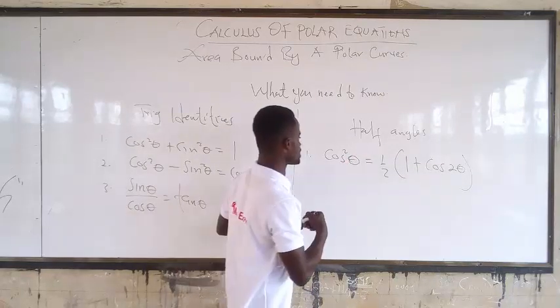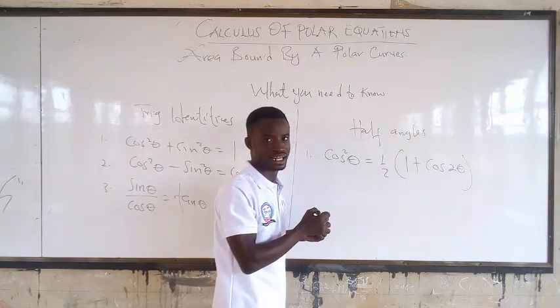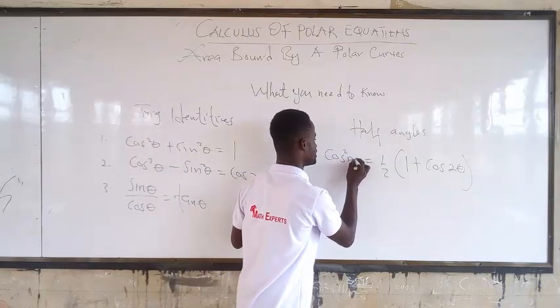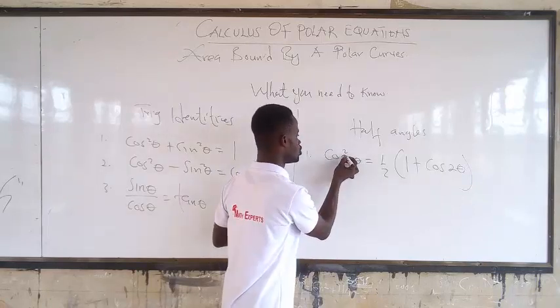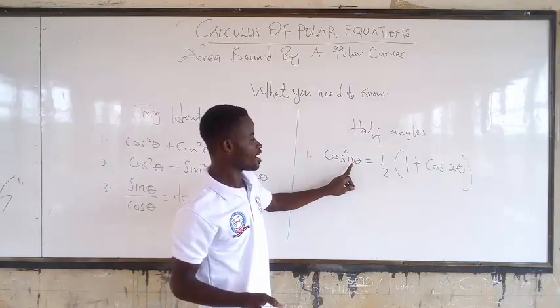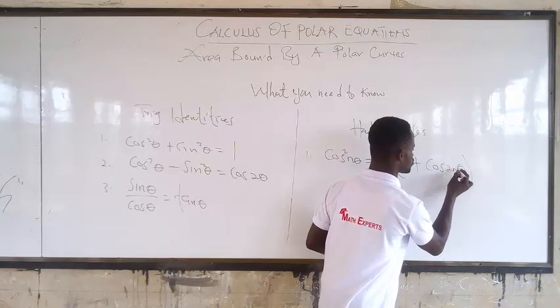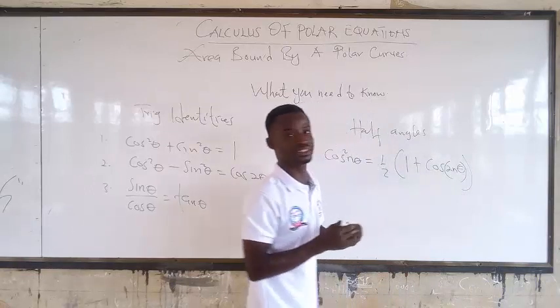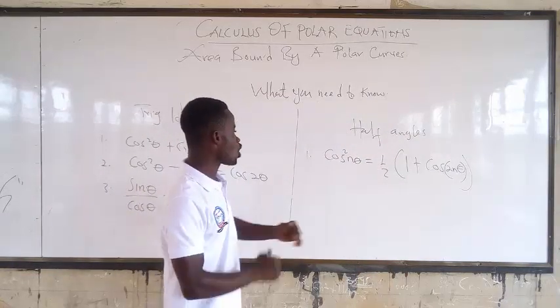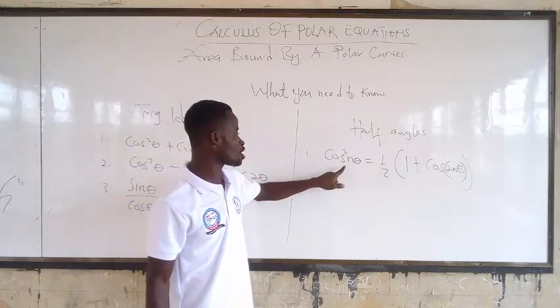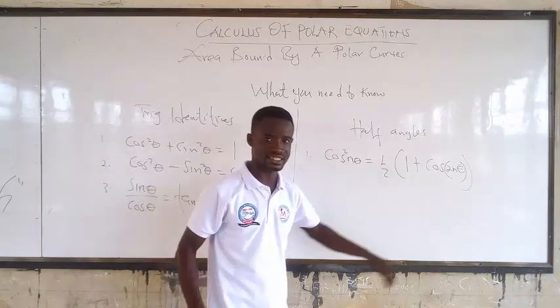Okay? So you see that here is something like 1. Or let me use n. N theta. So since the n here is 1, here is something like 2n theta. Let me generalize it. So cos squared n theta. The half angle here is that you multiply this.